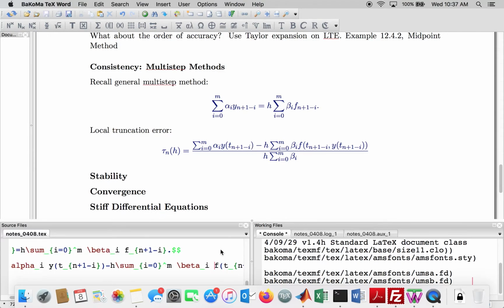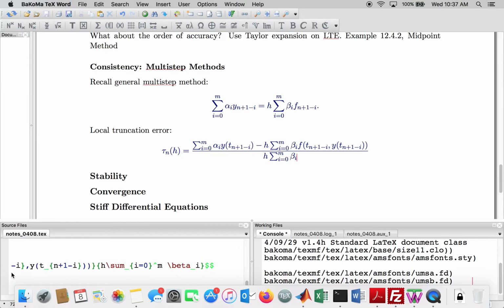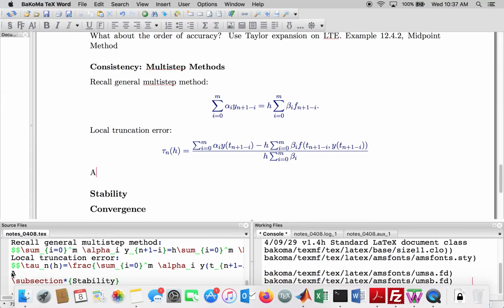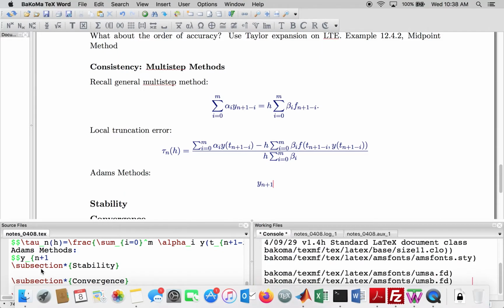Okay, now this can be kind of a pain to do for a general multi-step method, but for Adams methods, we can make things a little simpler. So what we have here is y n plus 1.